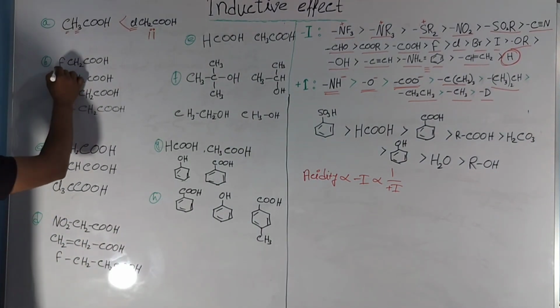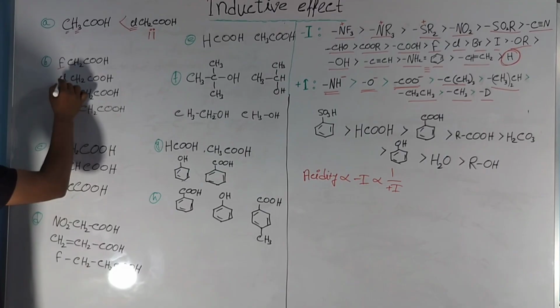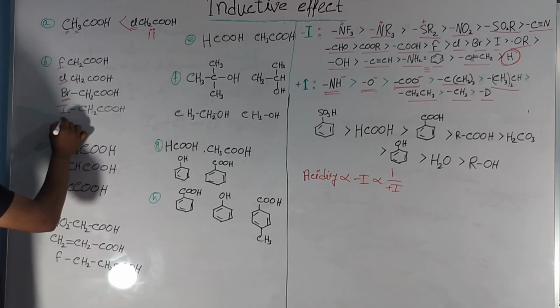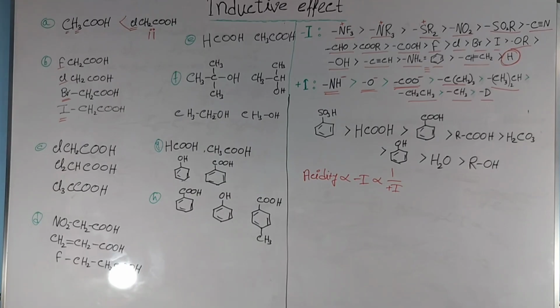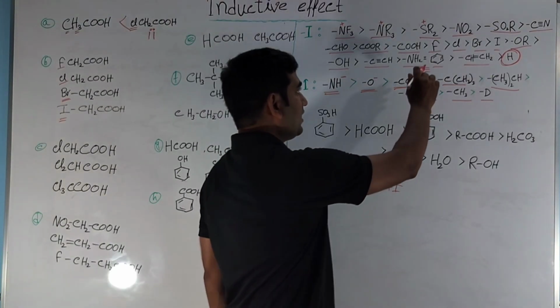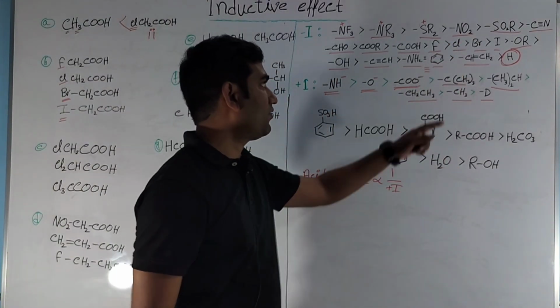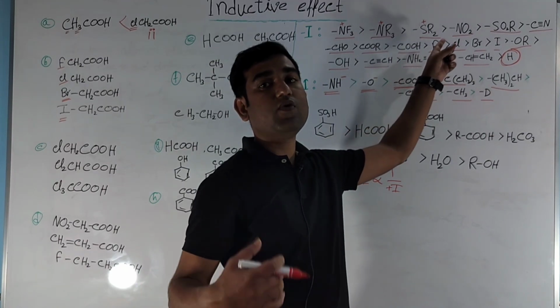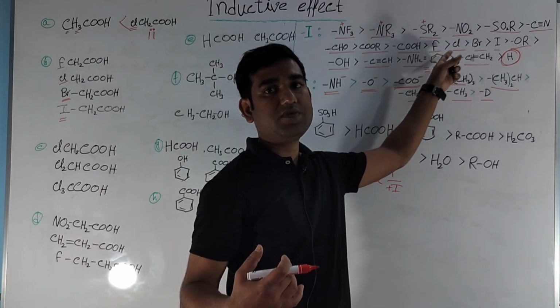Here see fluoroacetic acid, chloroacetic acid, bromoacetic acid, iodoacetic acid. So all acetic acid here replaced by one halogen. First one is fluorine, chlorine, bromine and iodine. So electron withdrawing power of fluorine is higher due to fluorine being more electronegative than chlorine, than bromine, than iodine.